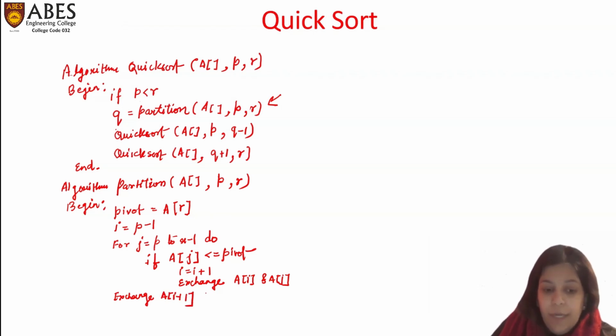The pivot element was stored at the upper bound, that is R. So we have to exchange A of i plus 1 and A of R. And at the end of this algorithm, we have to return the position of the pivot element, which is now stored at the i plus 1th index. So this is how this algorithm works.